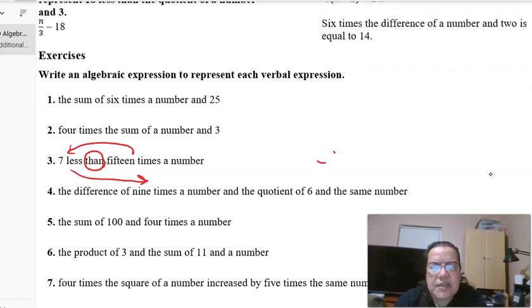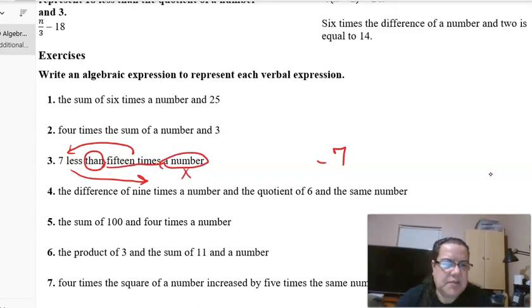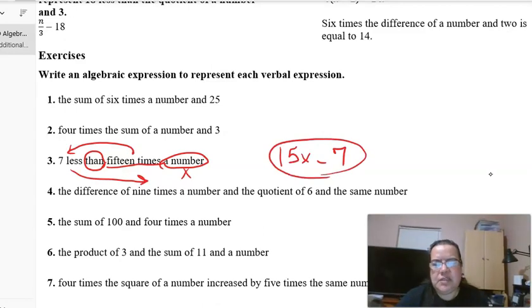I see 7 less again, the less part. So I'm going to take away 7. And from what? Well, it says here 15 times a number. Anytime you don't know what a number is, you always put the letter x or some variable. So 15 times x, and here is the expression you are looking for.